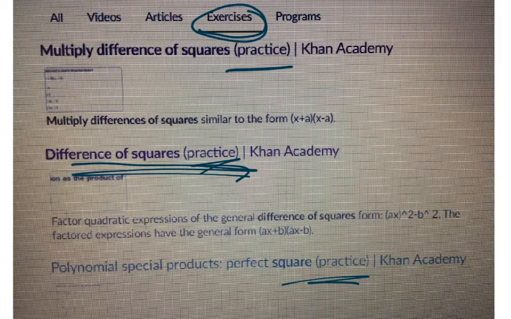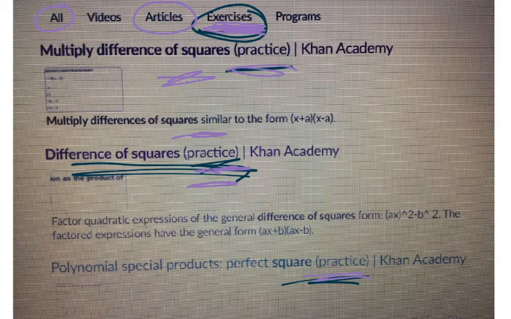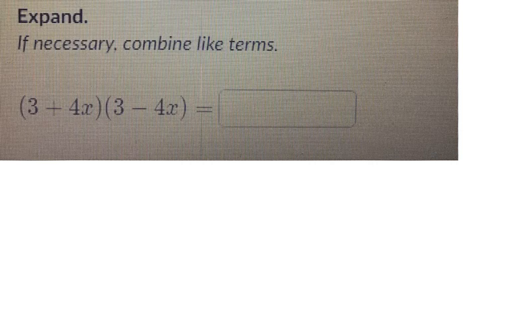If I would have clicked on articles instead, all it would have shown are any articles or notes related to it. And of course, by default, it's always on all. So it's going to show everything in no particular order. But that's something you may want to do. Go ahead and click on exercises from now on, and then you're going to see only the practices show up.